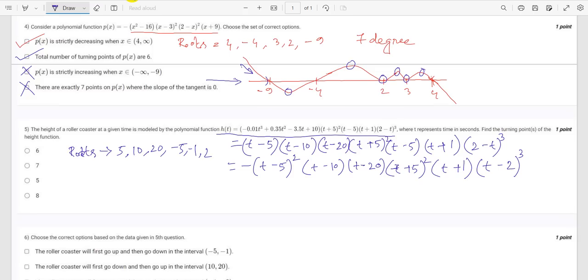Now let's draw the graph. So -5, -1, 2, 5, 10 and 20.